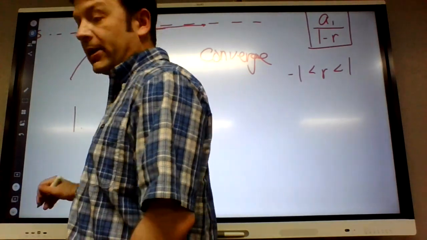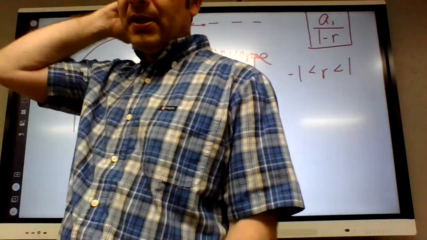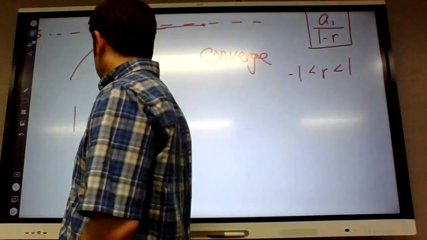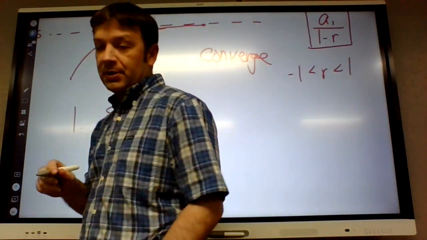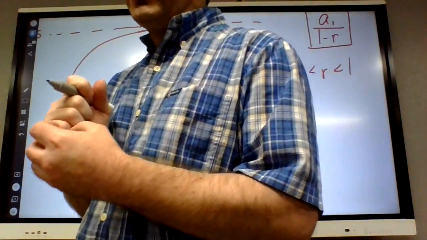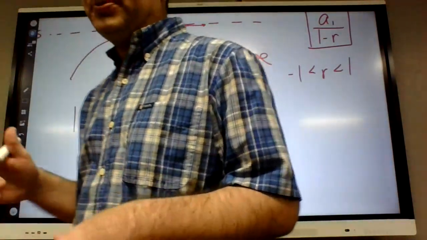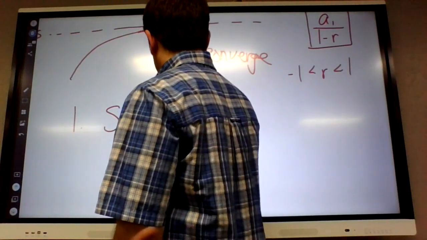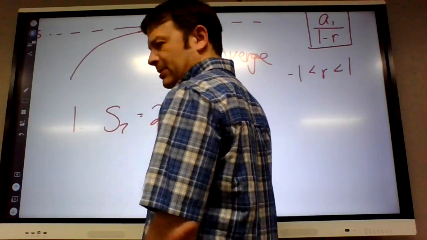The glare didn't work. Okay, so on number 1, it says find S sub 7 for the sequence. I don't know why they didn't write it like a series, like 2 plus 5 plus 8. But basically we're supposed to add, am I on the right page?